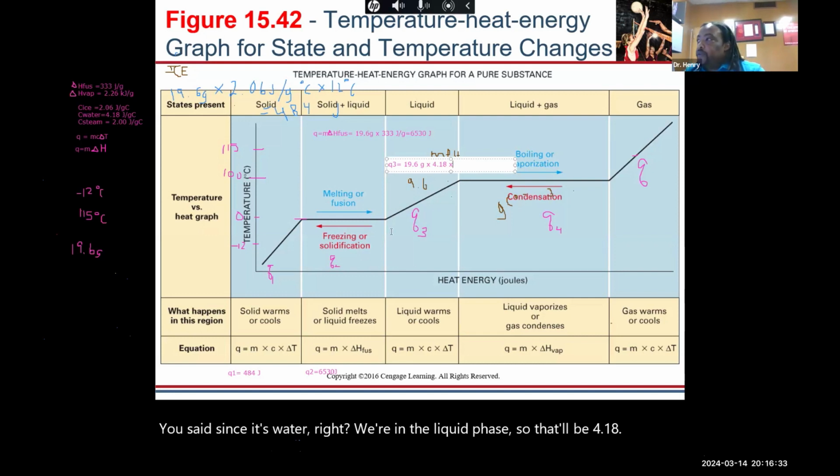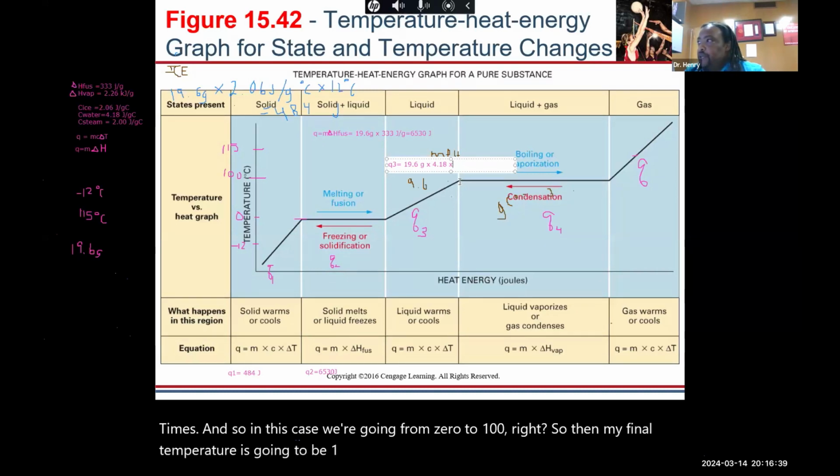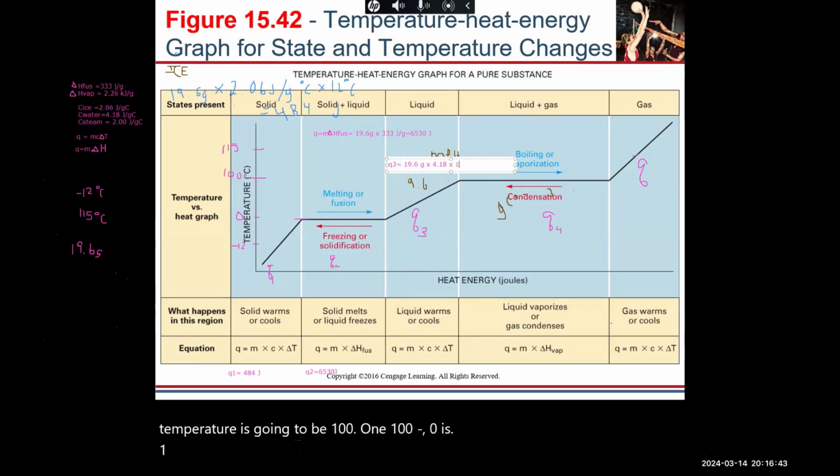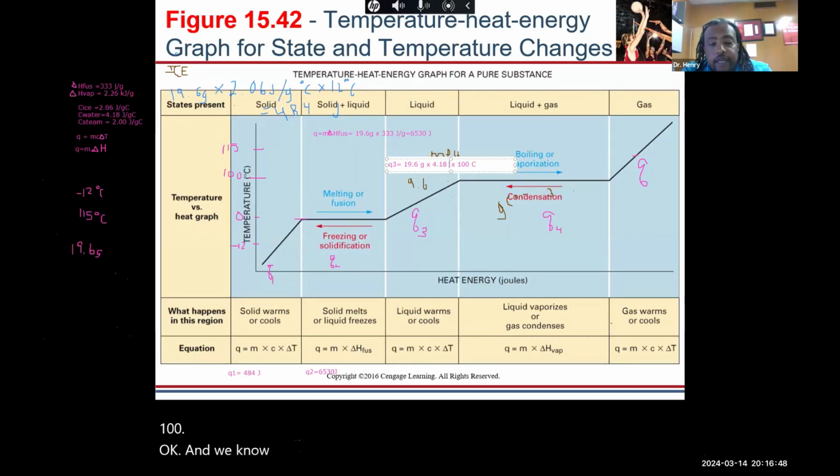Times, in this case, we're going from 0 to 100, right? So my final temperature is going to be 100. 100 minus 0 is 100. Okay, so that's Celsius. This is joules per gram Celsius.